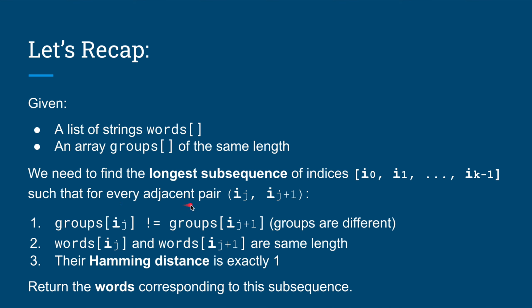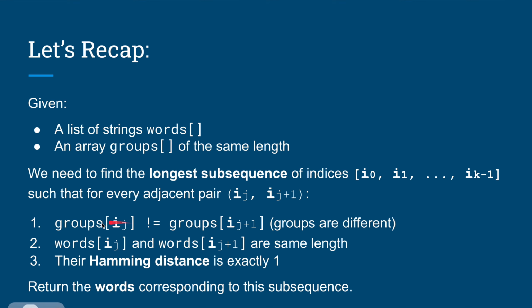Such that for every adjacent pair, indices at j and indices at j plus 1, the two consecutive groups should not be equal, right? Meaning groups at i_j is not equal to groups at i_j plus 1. So the adjacent pairs' groups are different.